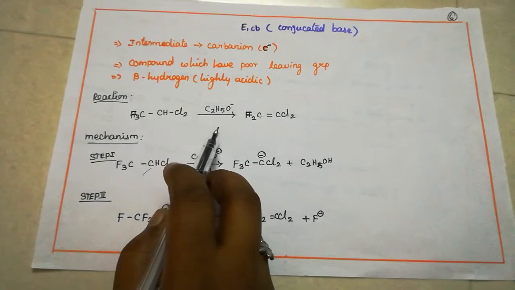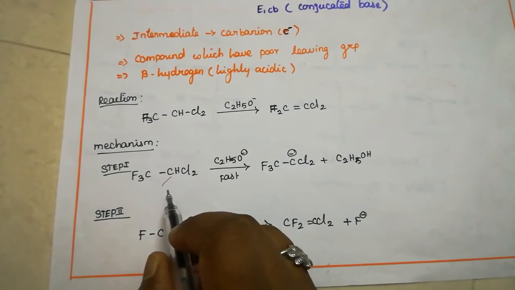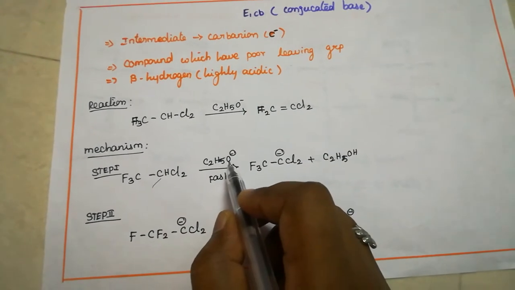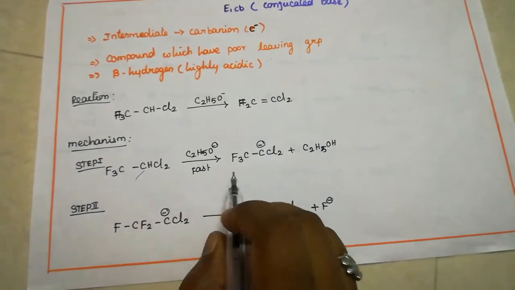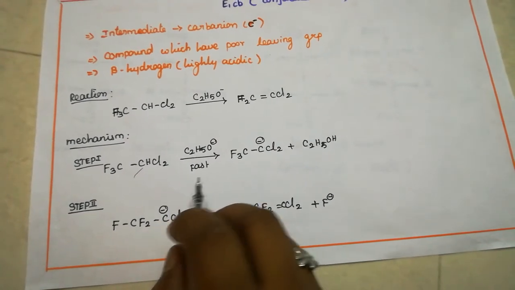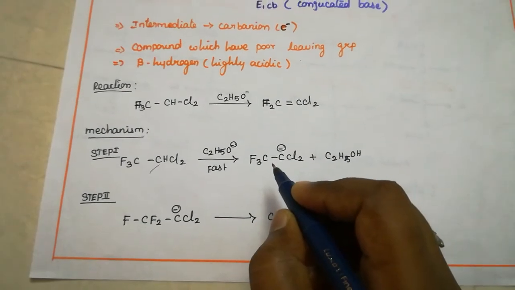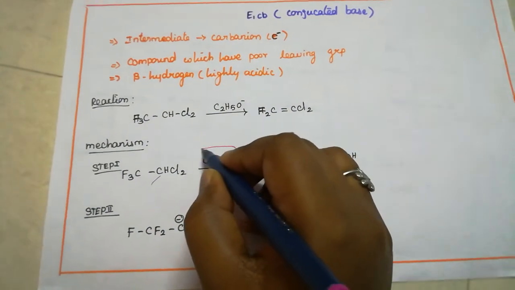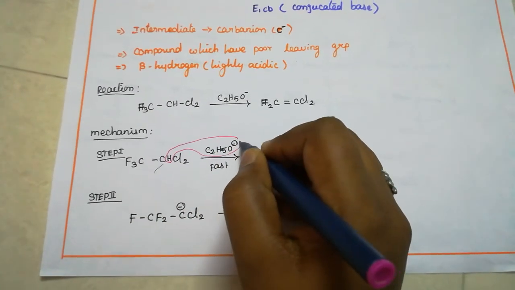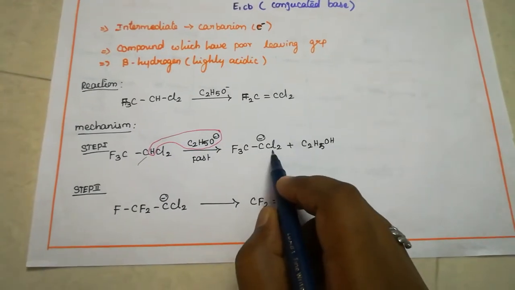This is the general reaction. Let's see the mechanism. I am taking this compound. I am going to introduce the strong nucleophile, and this is the first step. In this reaction, at first we should remove the hydrogen. So the nucleophile abstracts this hydrogen to form a carbanion.